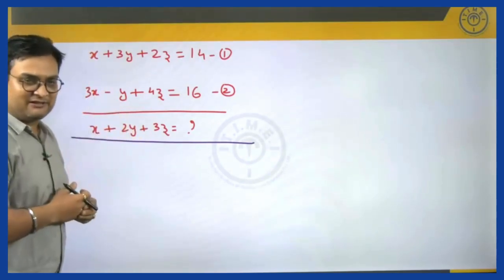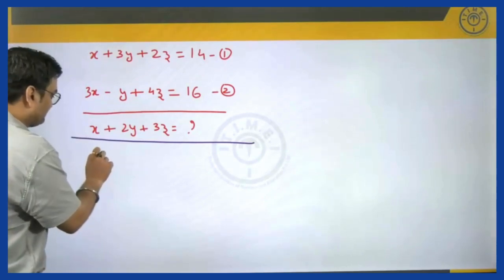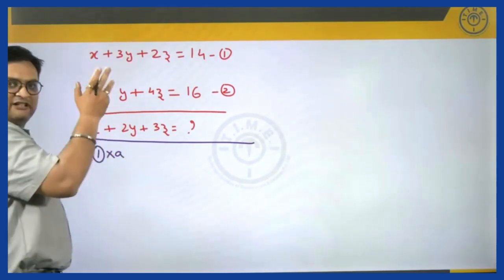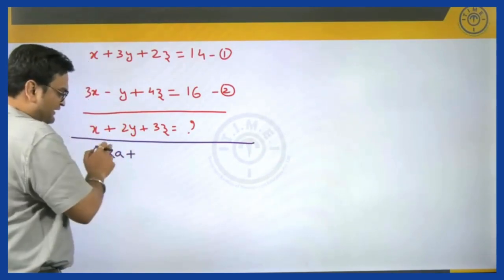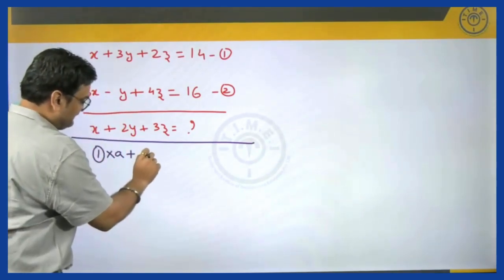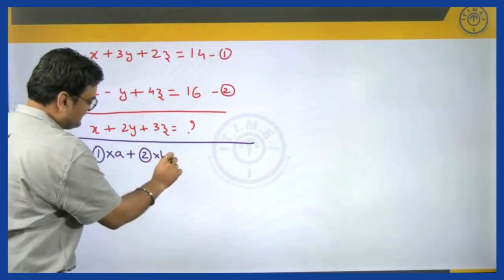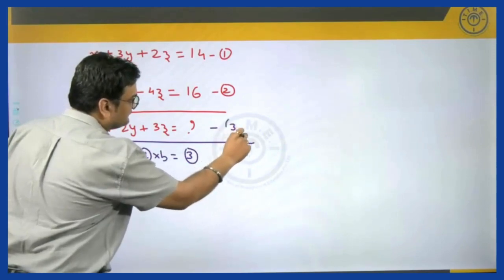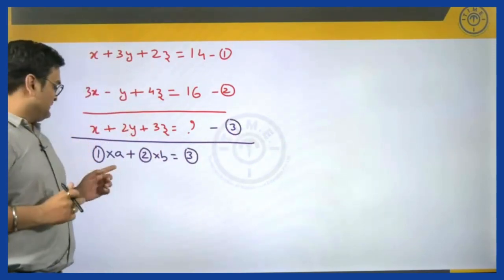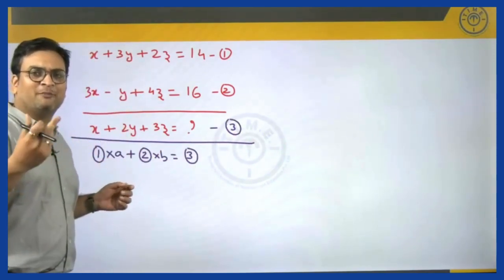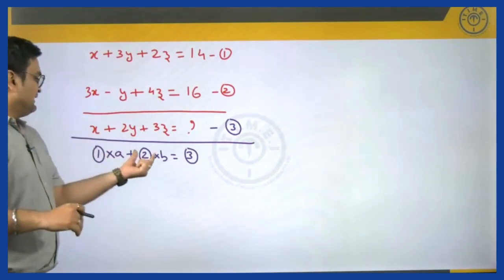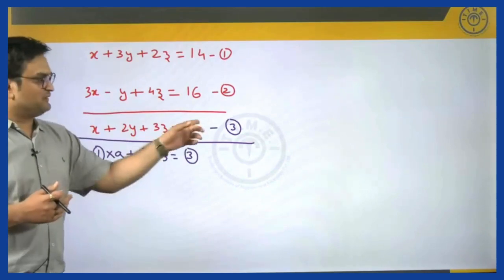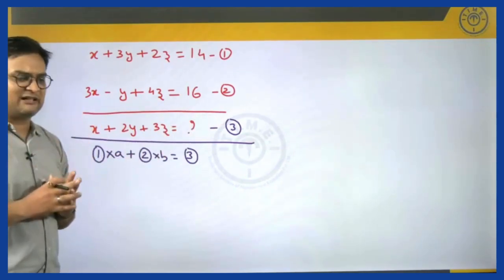So let's make an assumption that by multiplying equation 1 with some constant a, and the second equation by b, I get the third combination. The a could be 2, minus 2, plus 5, whatever, and multiplying the second equation by b, adding them, I am getting the third required expression. This is the assumption that I am making.